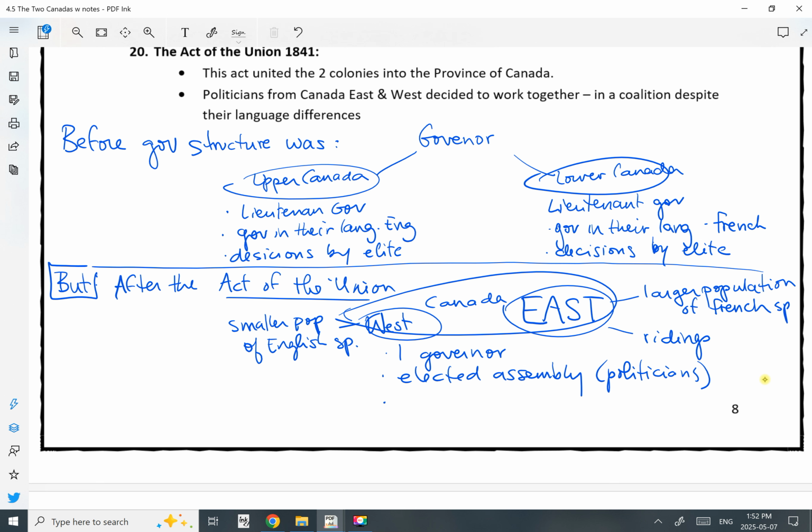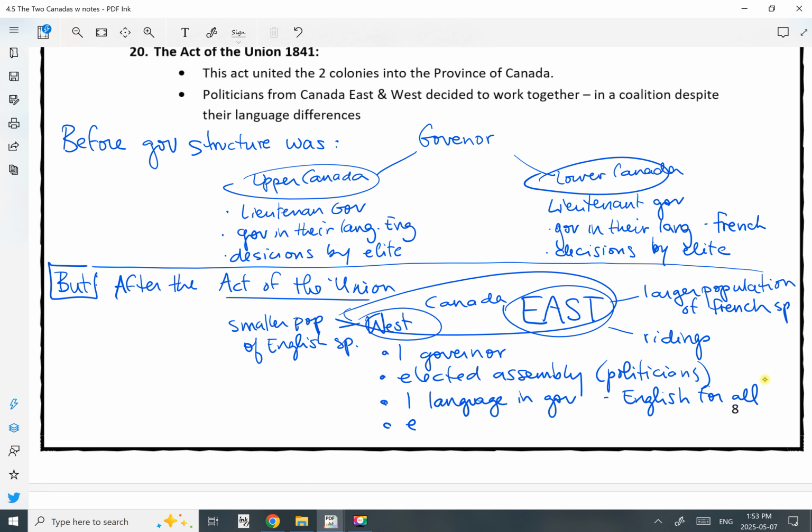But it was one language in government, English. So they removed in Lower Canada their ability to deal in government issues in their own language. So the French people were so concerned about being assimilated. Well, here they've removed Frenchness.